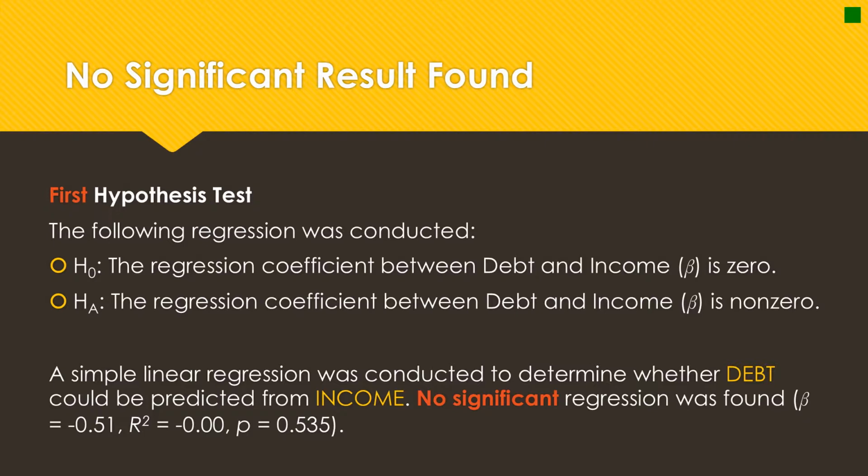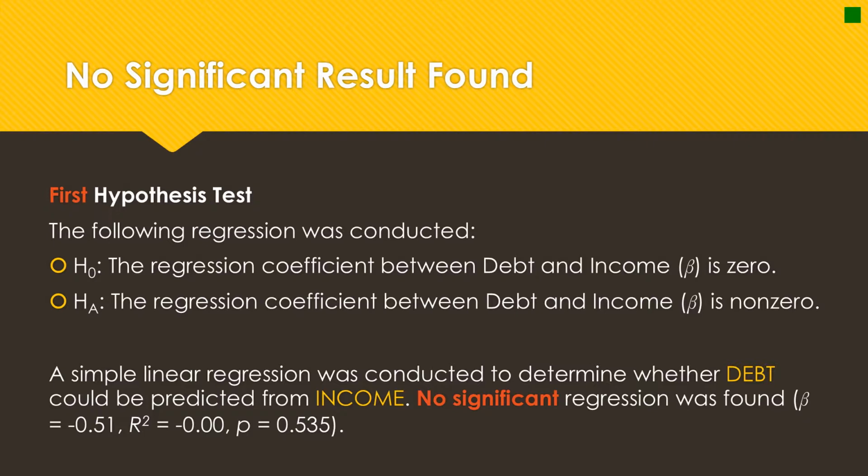So the null hypothesis will be that the regression coefficient between debt and income is 0. The alternative hypothesis will say the regression coefficient between debt and income is non-zero. When we analyzed our test, we found that there is no significant regression there. Why did we say that? Because we found the p-value is more than 0.05, and 0.05 is the alpha value.